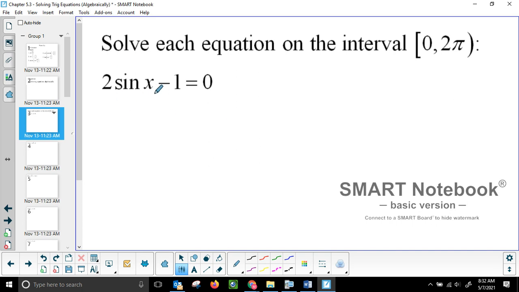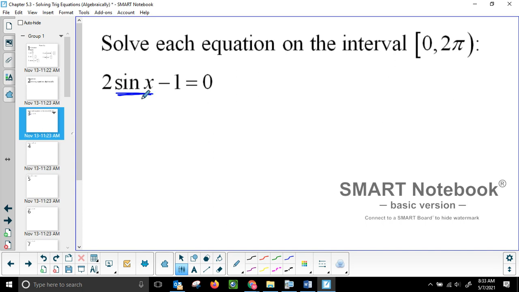Okay, so typically when we solve equations, we try to isolate the variable, right? Well, in this case, when we're solving trigonometric equations, we are going to try to isolate the entire trig function. So in this case, we're trying to get sine of x by itself. If we think of sine of x as my variable, what do I want to do first to get it by itself? What's that?